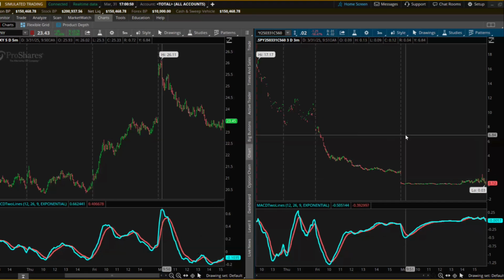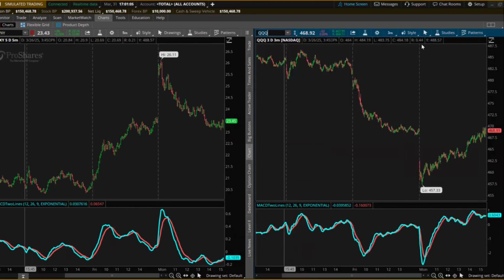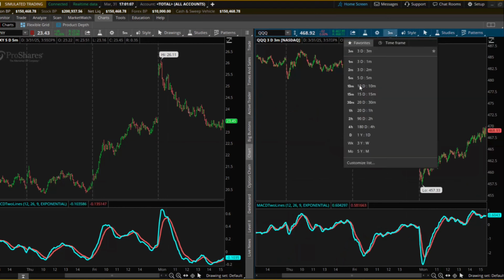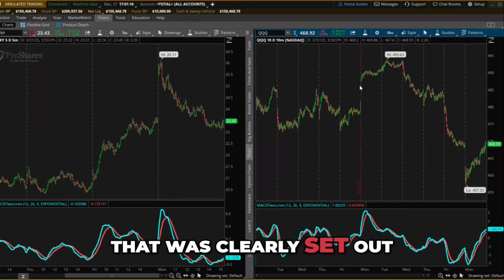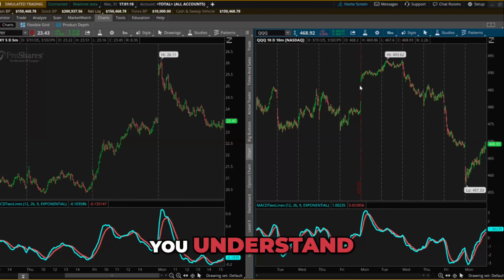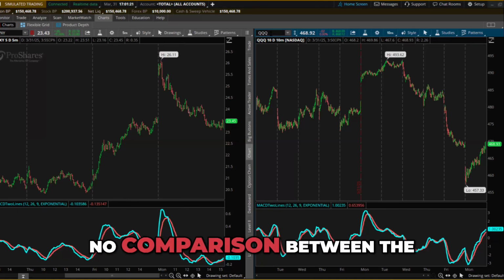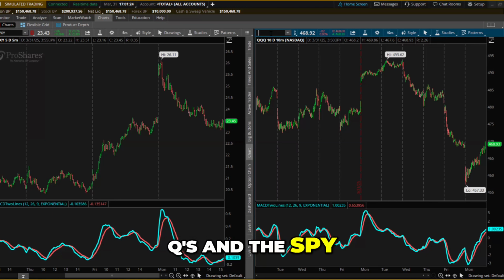So that qualifies, you see, whereas the Qs, let's take a look at it again. Now the Qs don't qualify. There was no divergence that was clearly set out. You understand? So no comparison between the Qs and the SPY.